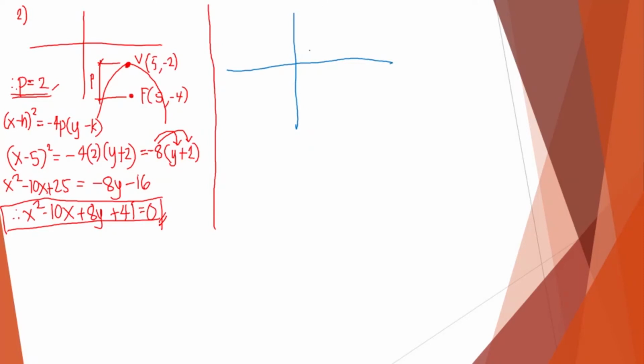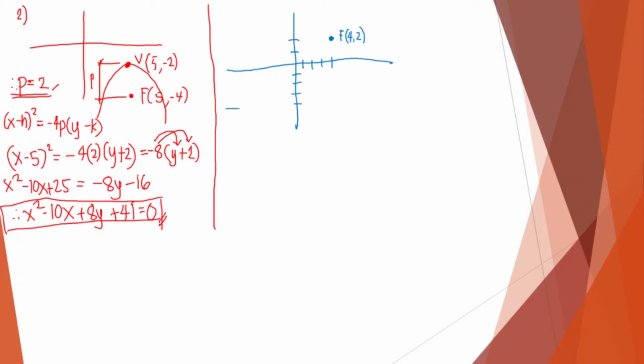Our focus is (4, 2), meaning 1, 2, 3, 4, then 1, 2. So this will be our focus. Then we have the directrix y = -4, so that is 1, 2, 3, 4.